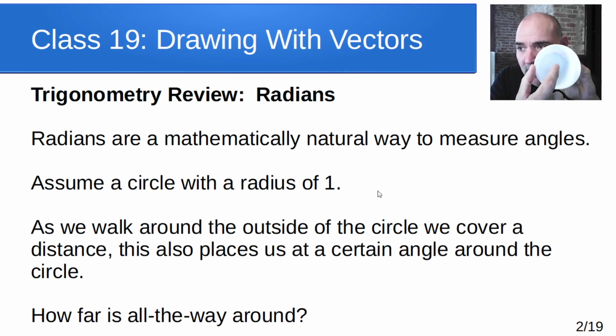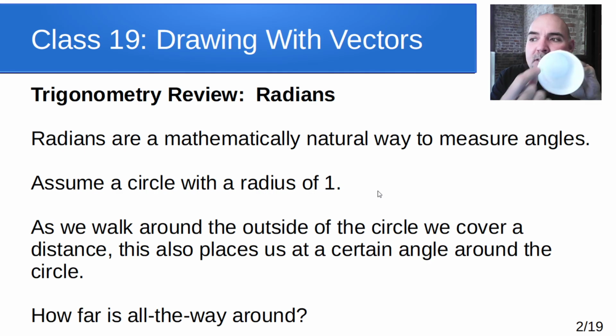Then the distance all the way around that circle would be 2 times pi, or 6.282 whatever. The idea is that you measure the angle by how far you went around the circle. So if you go halfway around the circle, you will have gone pi units if that's a radius of 1. So this was pi. That's 180 degrees.